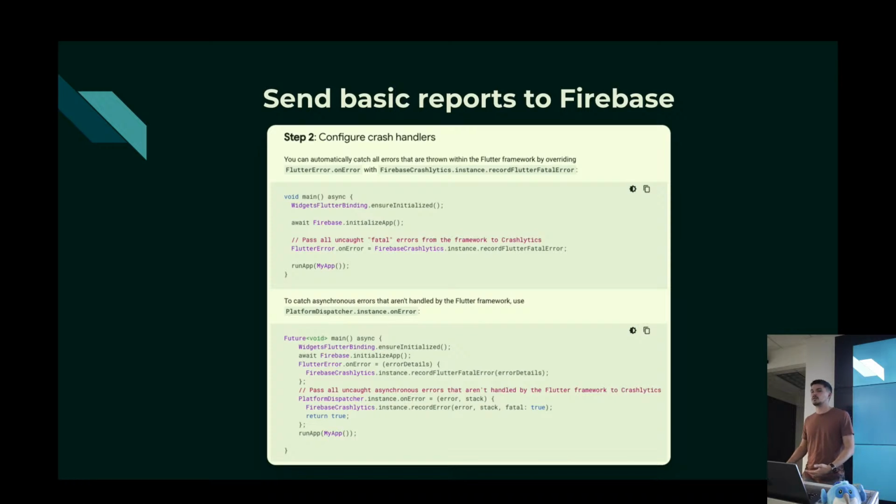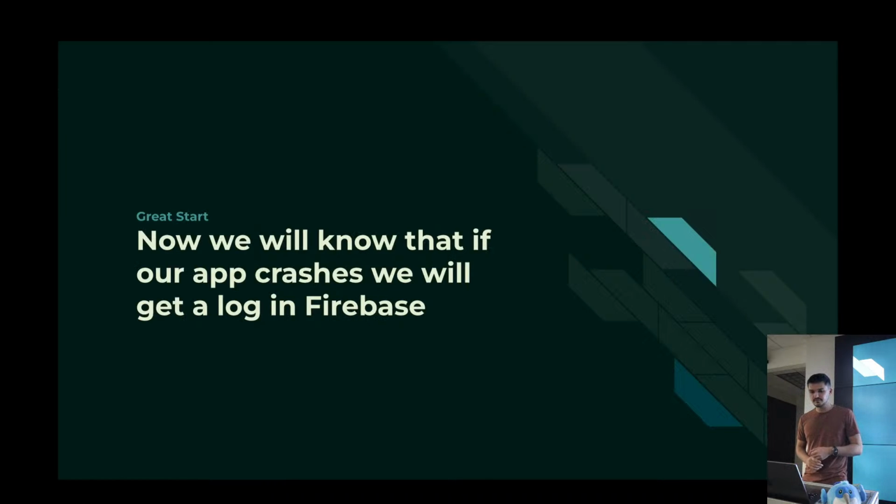It allows you to distinguish, which can help you prioritize on the Crashlytics console side. This is a great start. Now we'll know that if our app crashes, we'll get a log in Firebase. This is going to give us at least enough detail to dig in and figure out where the worst parts of our app are, or the biggest crashes. And it's also going to give us some information on what percentage of our users are crash-free.